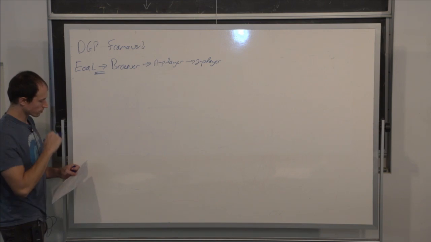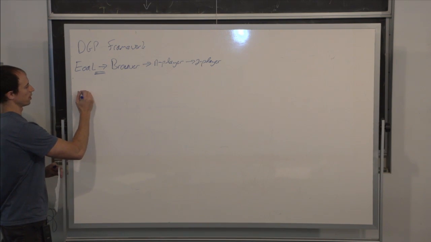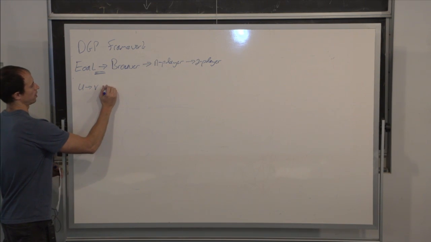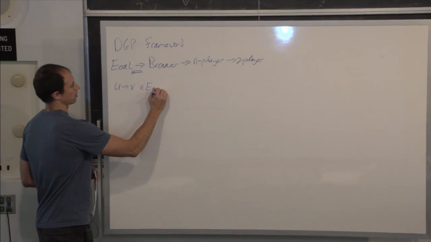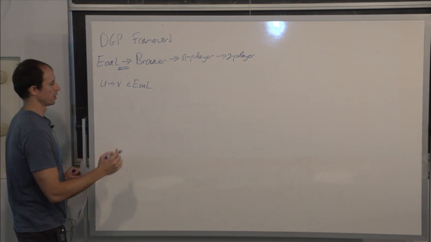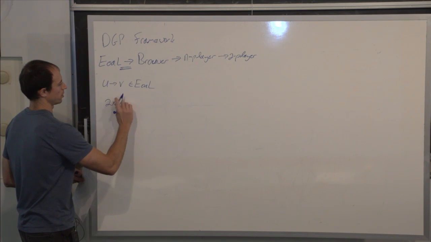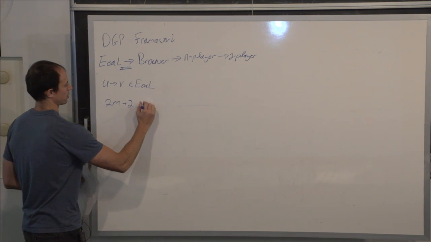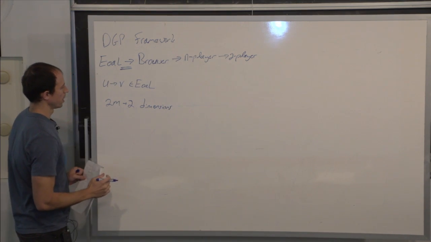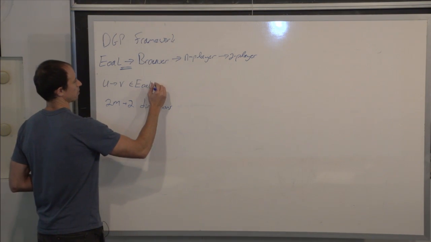If I have an edge UV in the End of a Line graph, I can represent it as a path in 2m plus 2 dimensions, where m is the dimension of the End of a Line instance.